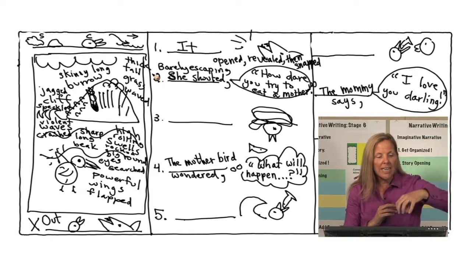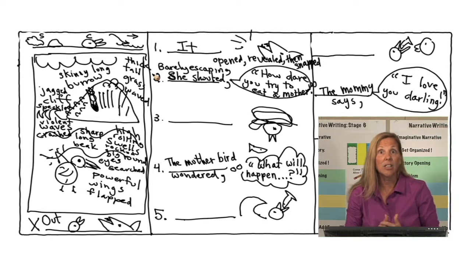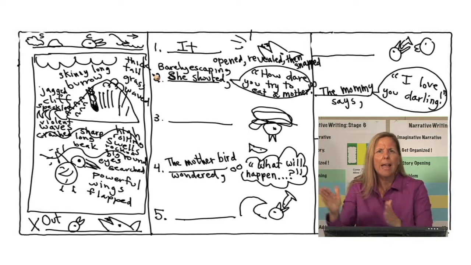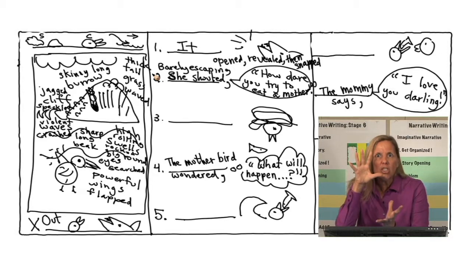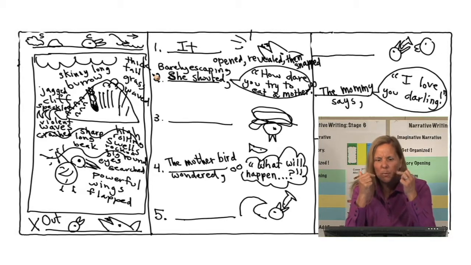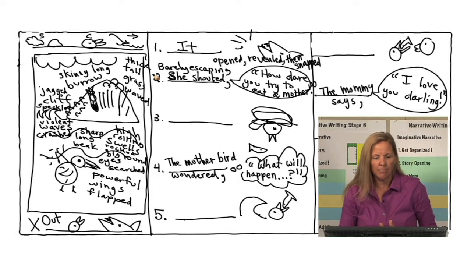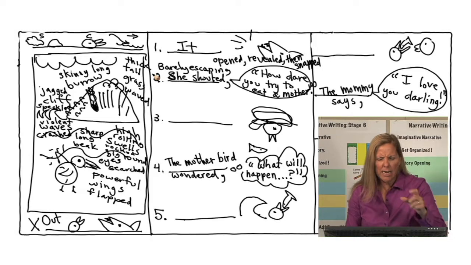Inside a long, skinny burrow was her baby waiting for that delicious meal. Out of nowhere, a shark popped out of the water and raced towards the Mother Puffin. It opened its big jaws, revealed its sharp teeth, then snapped at the poor little bird. Barely escaping, she shouted, "How dare you try to eat a mother?"